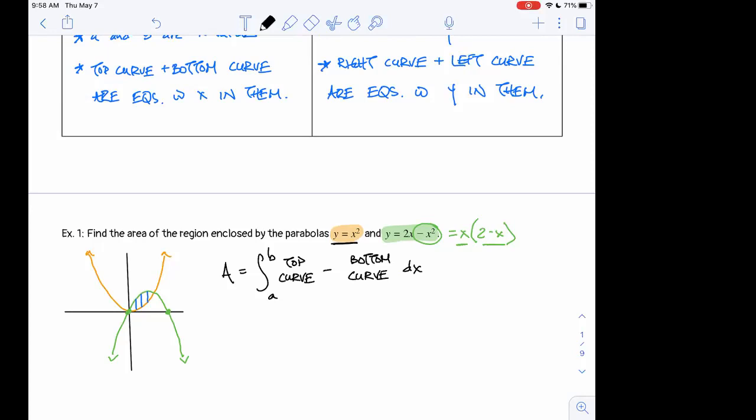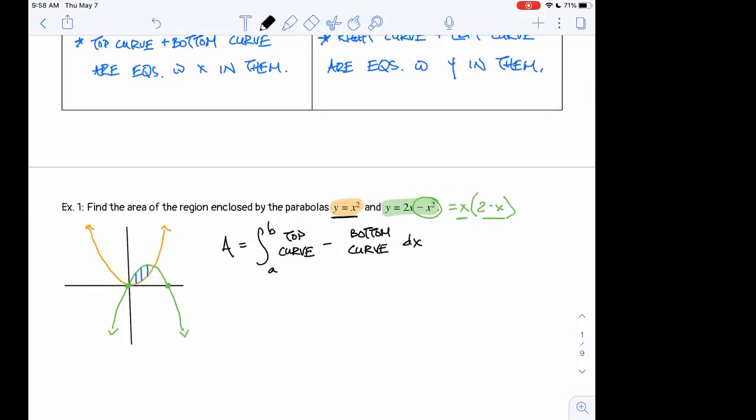Okay. So I can look at the diagram and see that I'm drawing vertical rectangles, or I can look at my equations and say they've given me the equations with the x's in them already. So those are two different clues that I want to do this question with respect to x and not with respect to y.